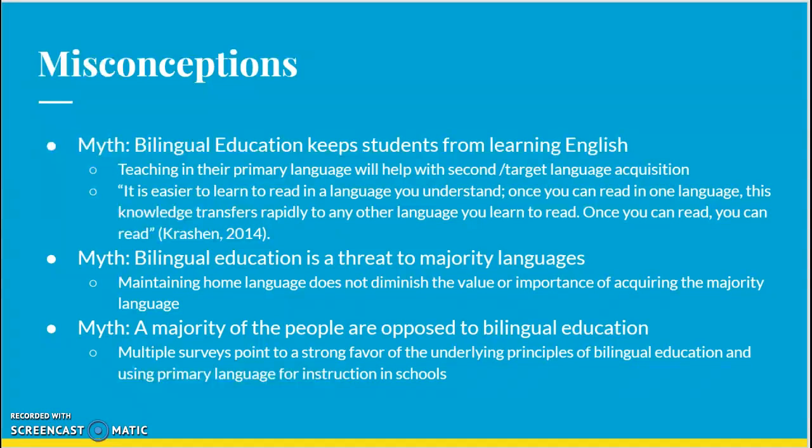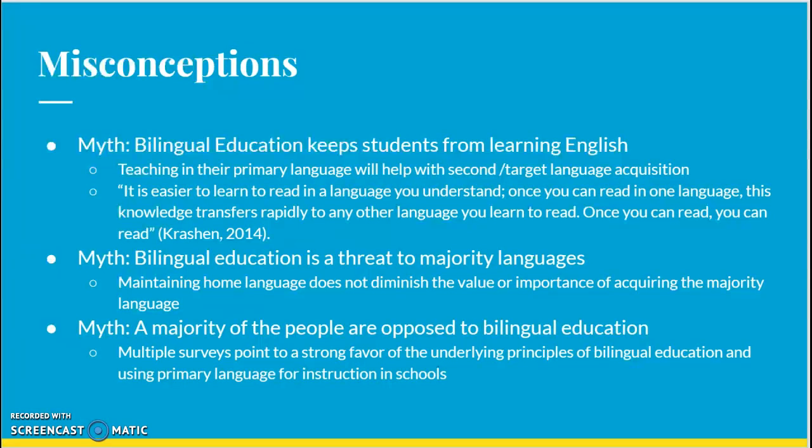Another myth is that bilingual education is a threat to majority languages. However, maintaining home language does not diminish the value or the importance of acquiring the majority language. And especially in the context of the United States, because the United States is such a big global power and English is spoken all around the world, really learning or maintaining a home language is not diminishing the value of English, and the language of English has never really been threatened.